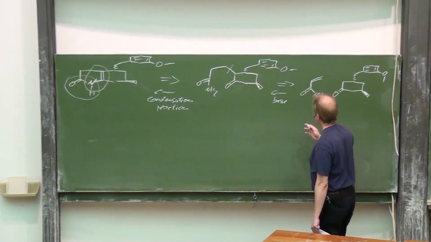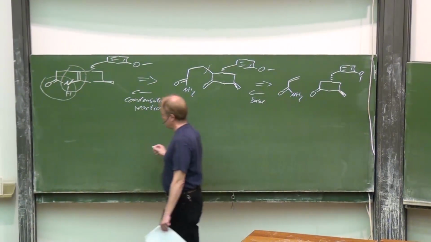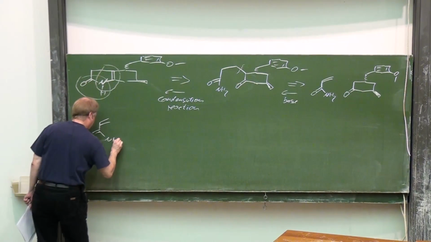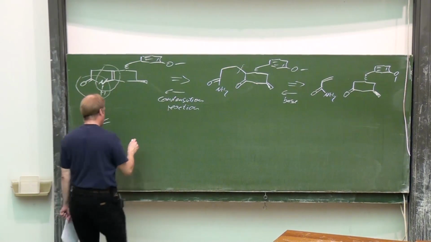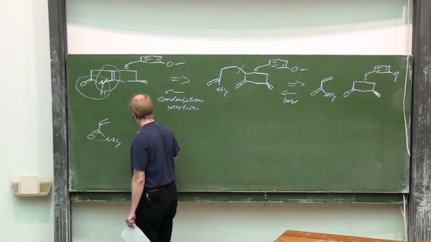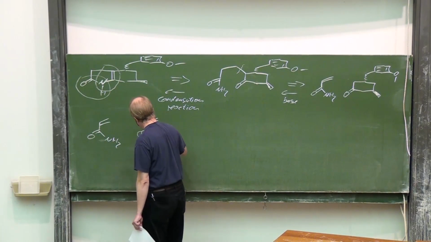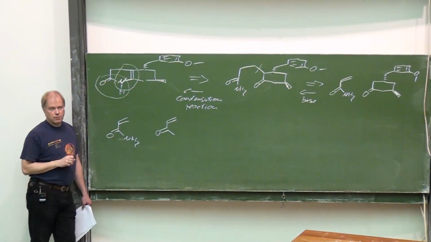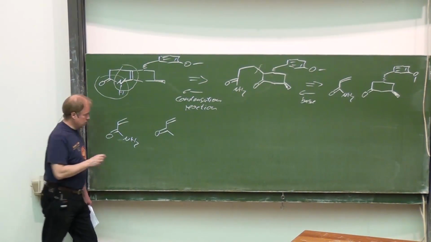Keep in mind that similarity: here the acrylic amide, and in the Robinson annulation you are normally dealing with methyl vinyl ketone.